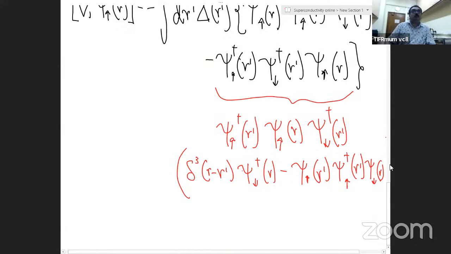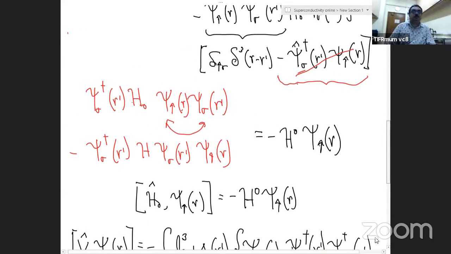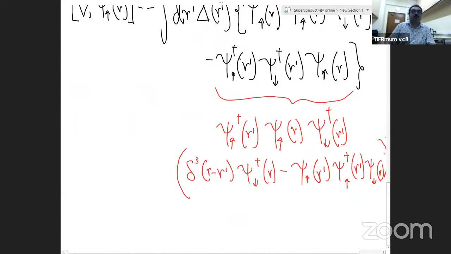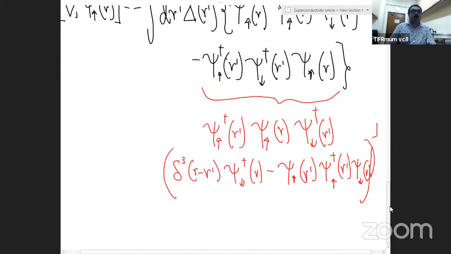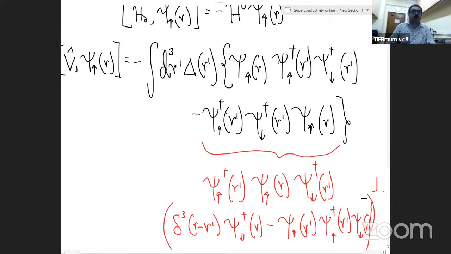All right. Now you see, just like before, things simplify because this term actually, sorry, let me write it down properly, otherwise this will be confusing. Yeah.